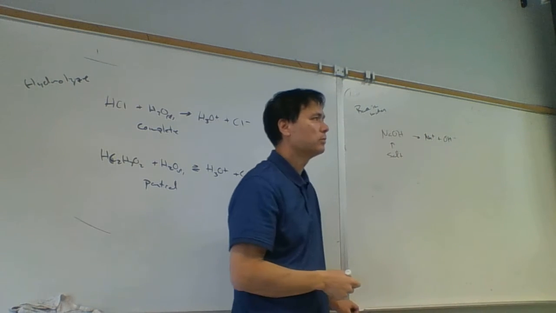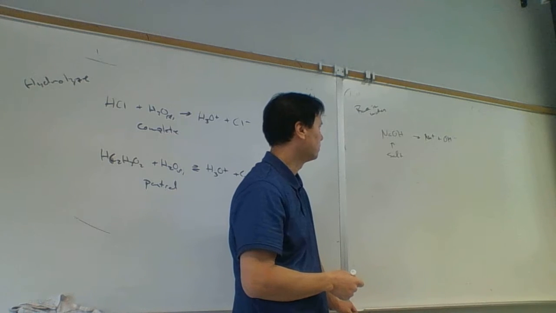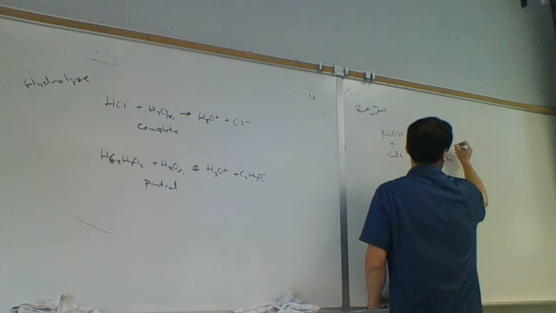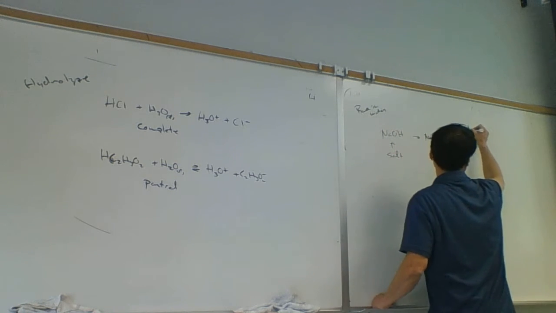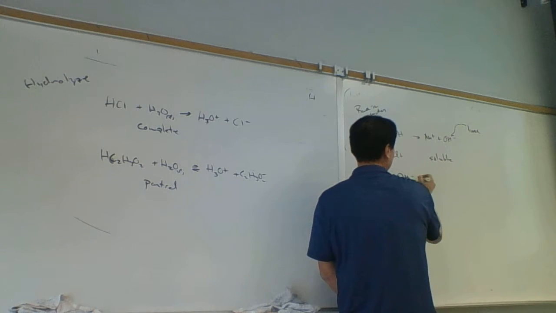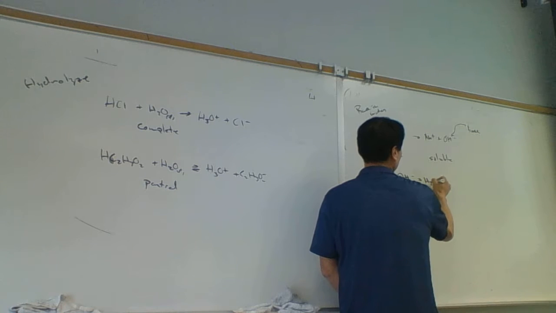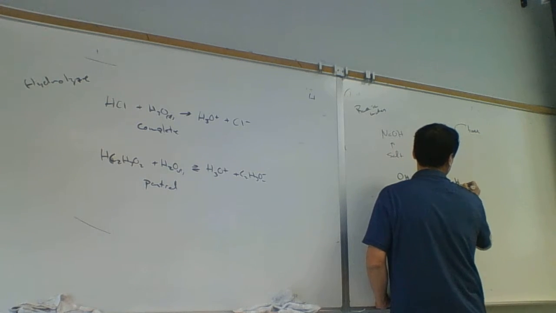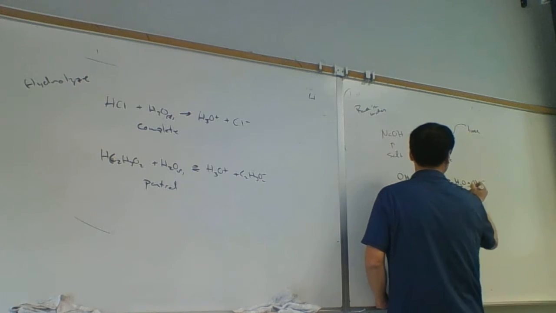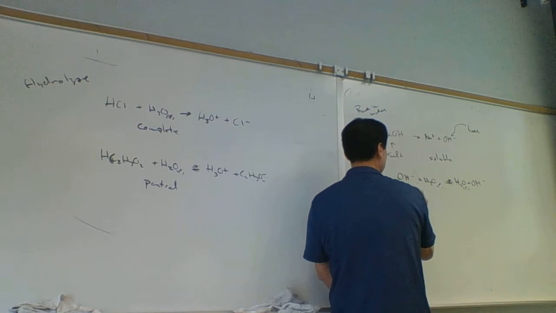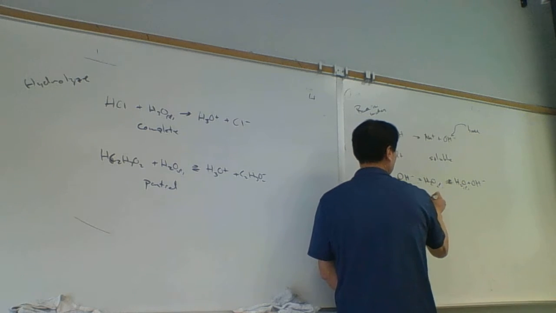Soluble salts ionize 100%. And then this is the base. And so a strong base is hydrolyzed. So hydroxide plus water yields water plus hydroxide. So strong bases hydrolyze completely.